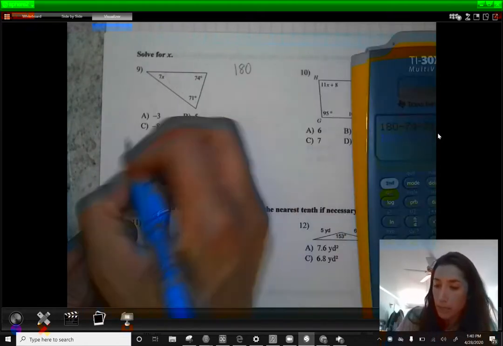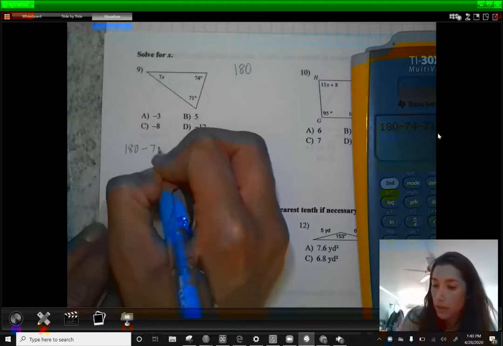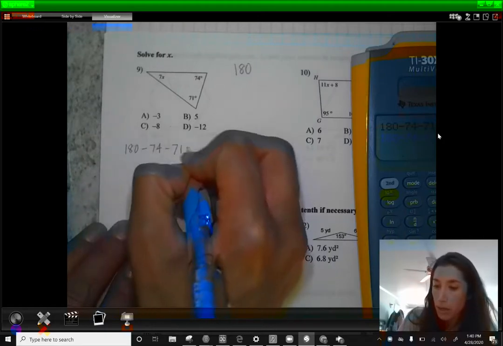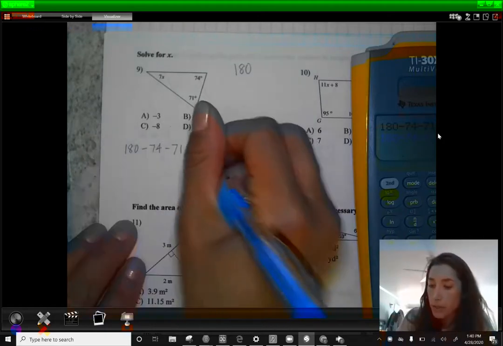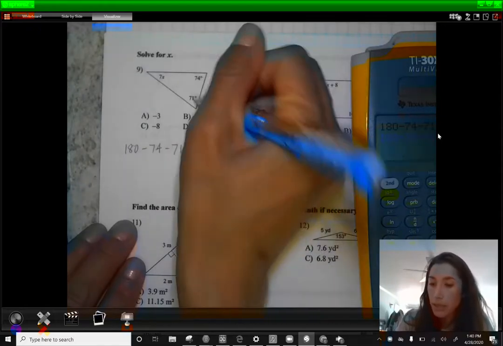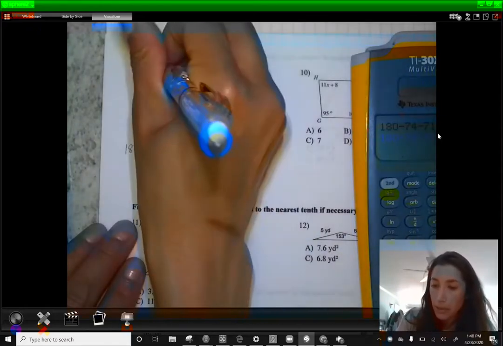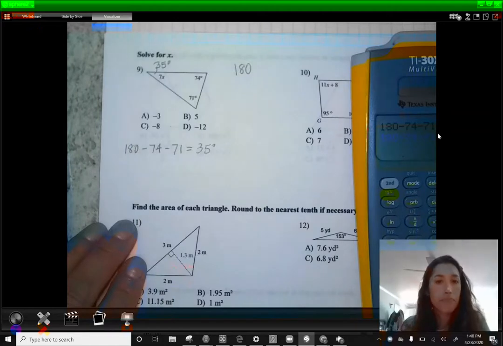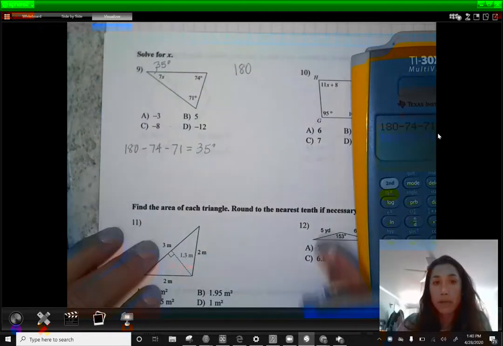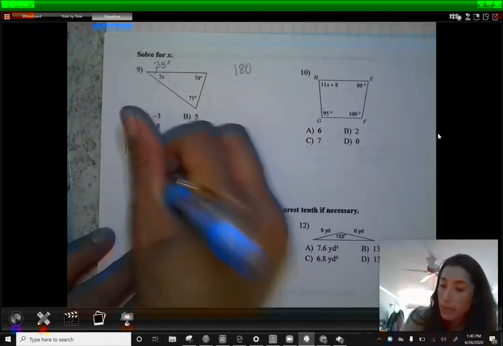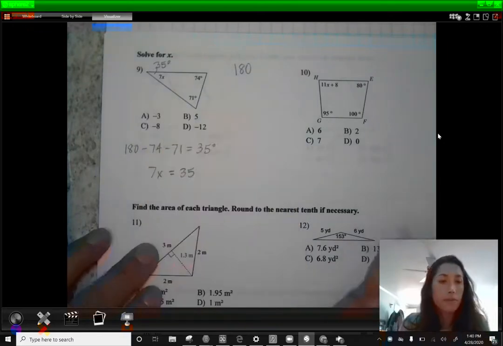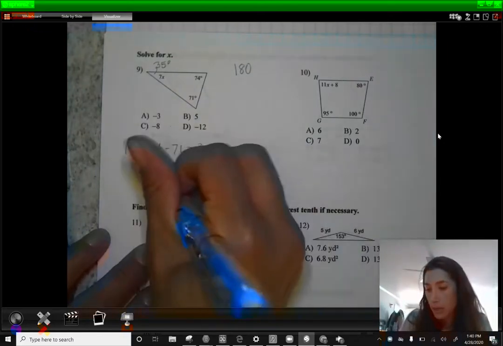So I would write something like 180 minus 74 minus 71, where we got 35 degrees. So that means this angle here needs to equal 35 degrees. So then we would say, okay, well, 7x needs to equal 35. And then if we divide both sides by 7, x is 5.